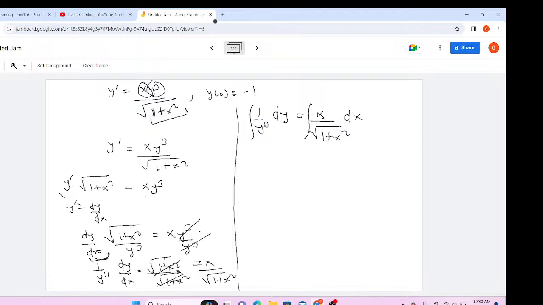When we are integrating 1 over y cubed with respect to y, that is y exponent negative 3 dy. And then this part, we are integrating x over root of 1 plus x squared dx. So in separable equations, we are really going to make use of integration.